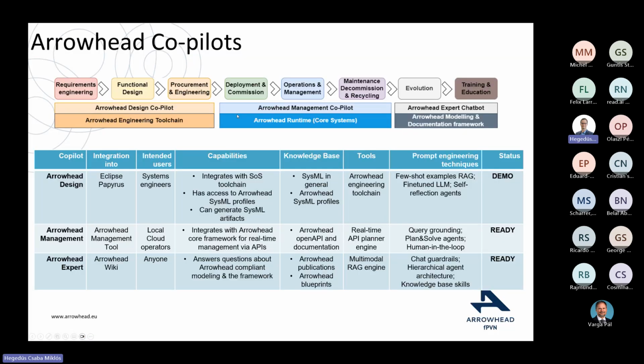So, a very short presentation. First, there are copilots, which are essentially chatbots using large language models. There are a couple of features that LLMs have nowadays that are quite interesting and useful for certain use cases.